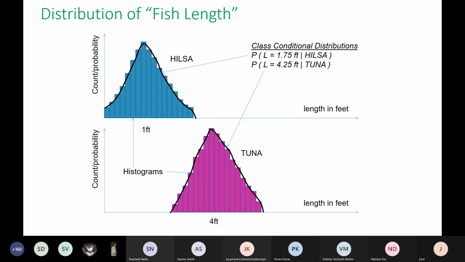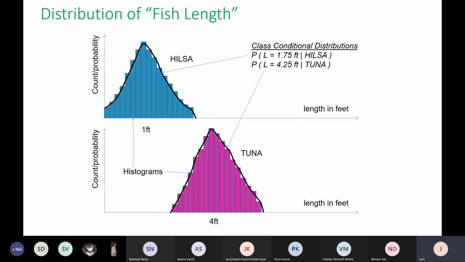Now the concept that I'm using here is called class conditional distribution. It's a conditional probability distribution: the probability that a particular length will be observed given that it is Hilsa, or the probability that a particular length will be observed given that it is a tuna fish.